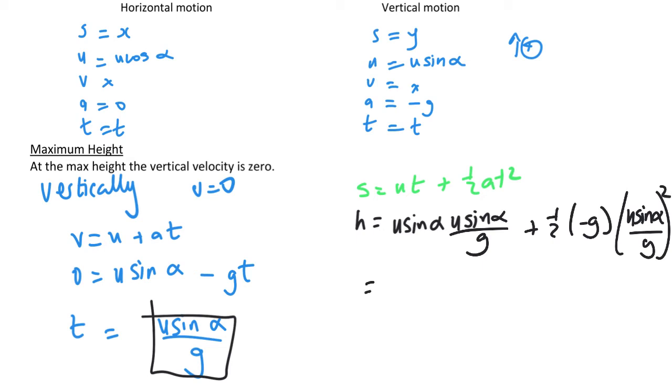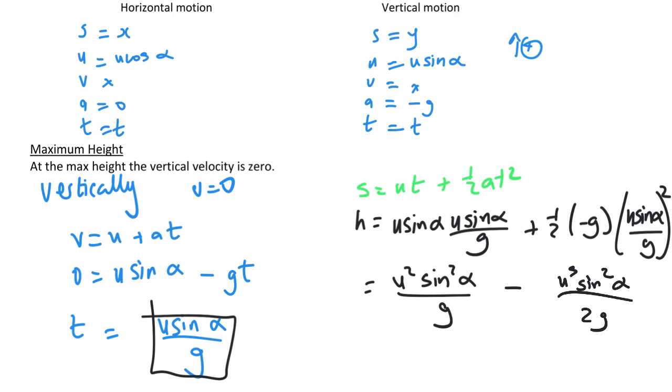Now tidying this up, the first term will be u squared sine squared alpha over g, because we've got squared, it's going to be g squared, but one of the g's will cancel with the minus g to be just over g. And the plus and the minus gives a minus, so we're going to have u squared sine squared alpha over 2g.